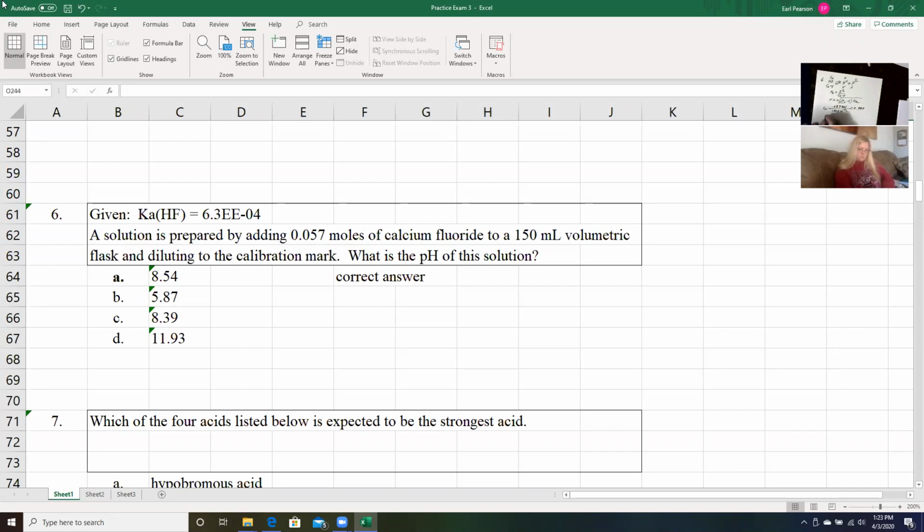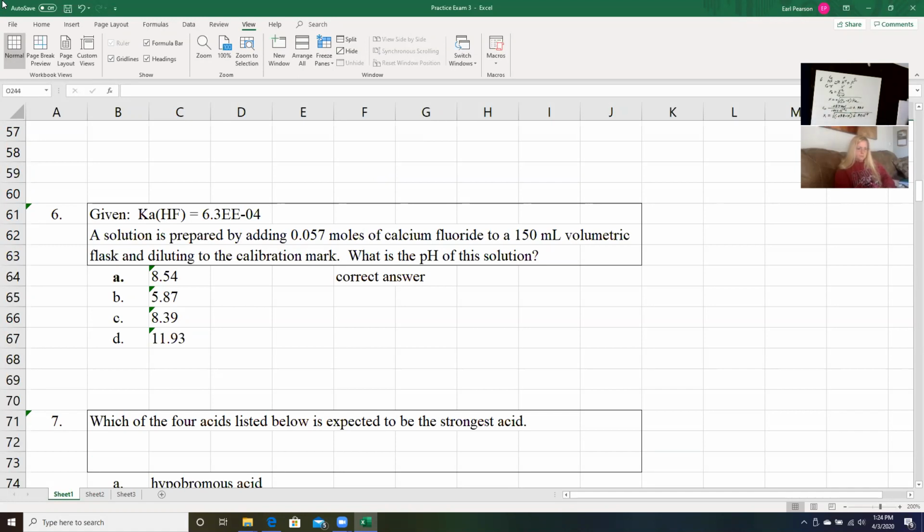So my first approximation to the answer is going to be the square root of 0.038 minus X times my Ka, which is 6.3 times 10 negative 4. Okay, now let's do the math and get the first approximation.